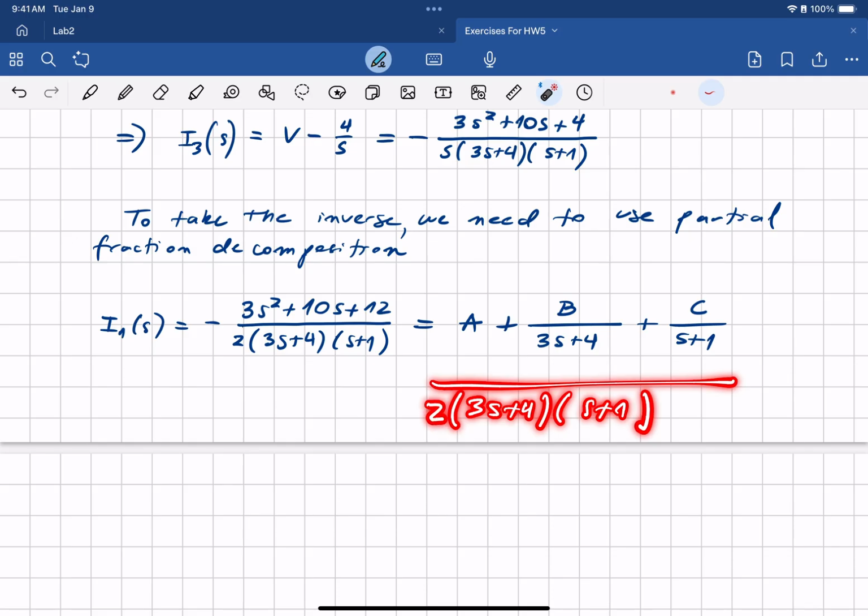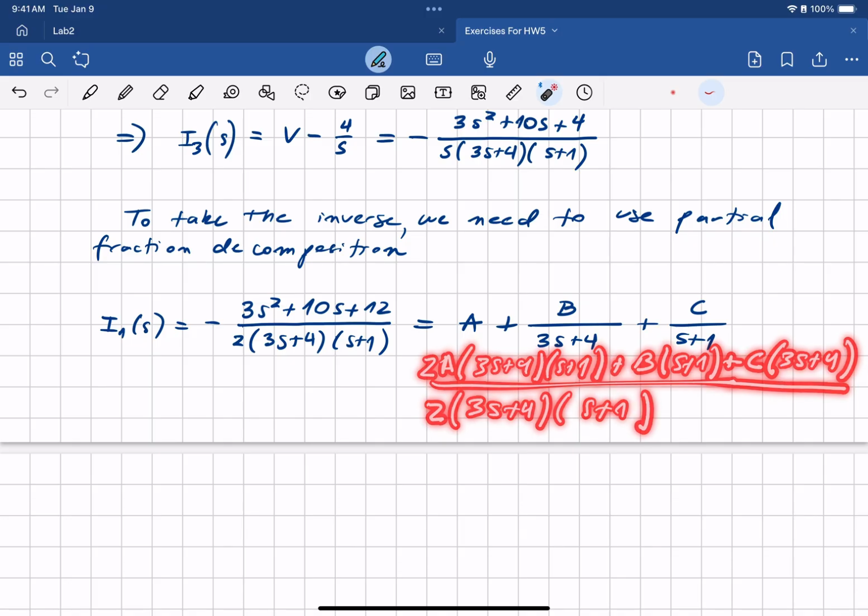The numerator in this case would be, to make it equal to that, a times 3s plus 4 times s plus 1 plus b times s plus 1 plus c times 3s plus 4, right? I'm not sure about this 2. We can cancel them out. Okay, never mind.